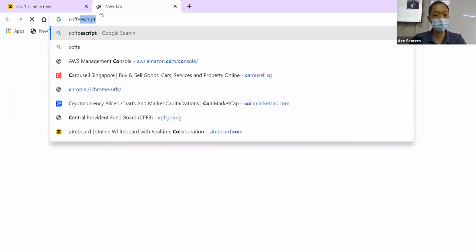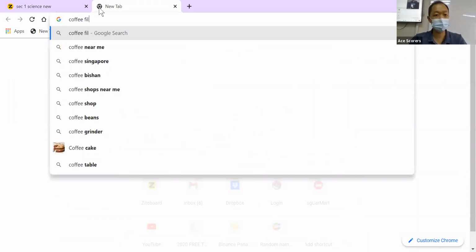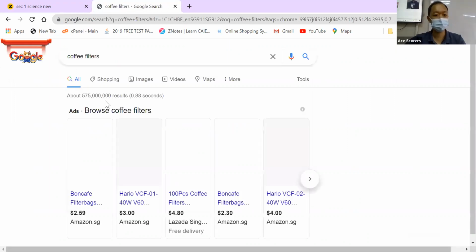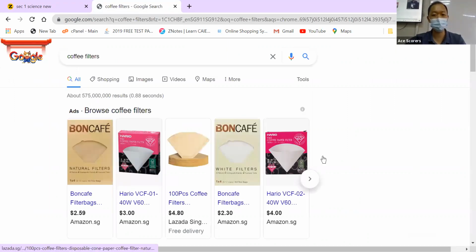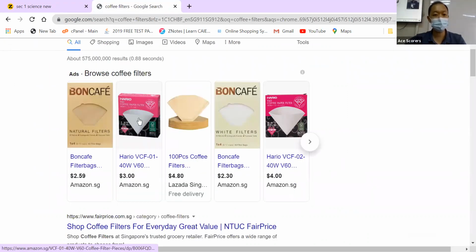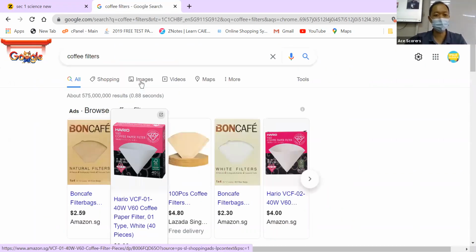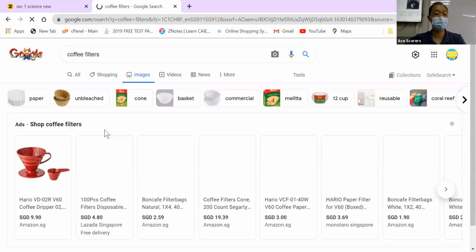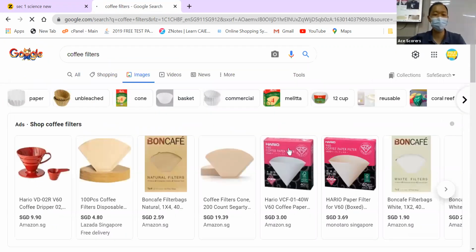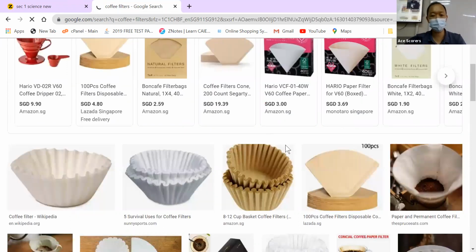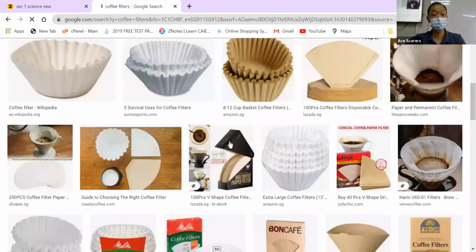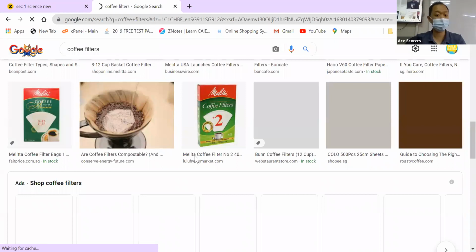Nowadays you have very fancy coffee filters. Coffee filters, right? You see? Just a filter. This looks like filter paper. You can actually buy the filter paper at NTUC. You can carry out your own filtration. The coffee filter paper. Okay, it's just filter paper.